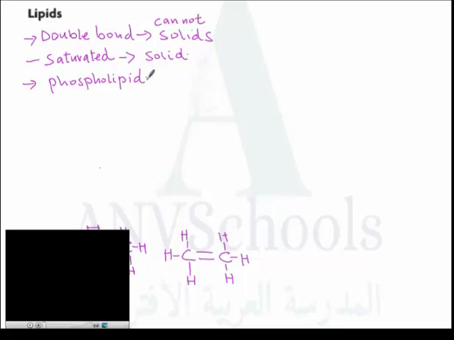Unlike the other lipids, phospholipid consists of glycerol, two fatty acids, and a phosphate group.